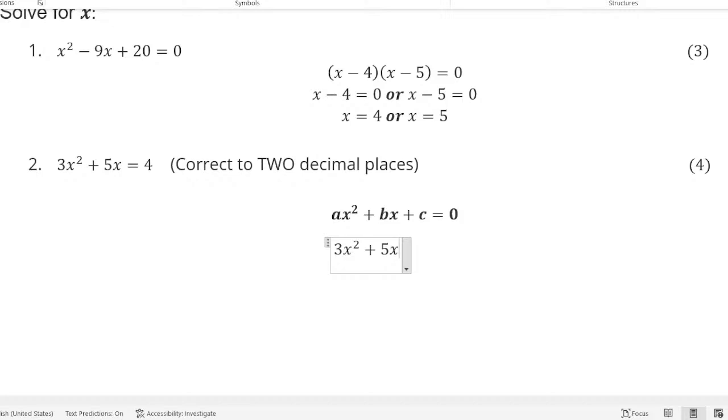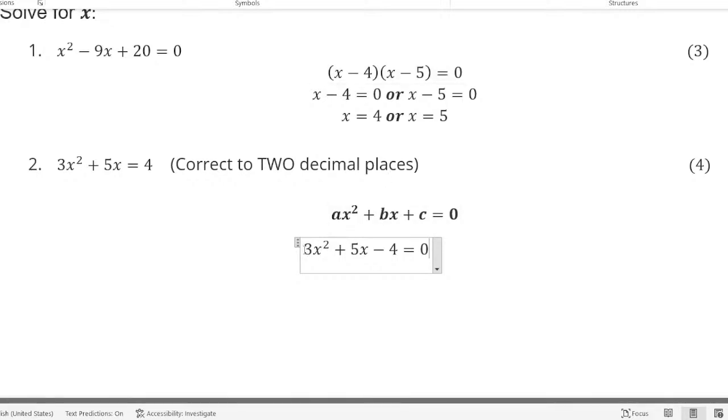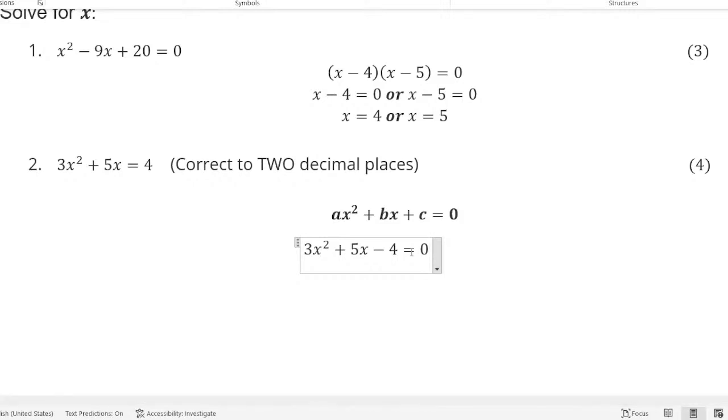The 4 on the right hand side was a positive. Now when you're taking 4 to the left hand side, it will change the sign to become -4, right? And on the right hand side we're left with 0. Now it is in the form of ax squared plus bx plus c, where c is a constant, a number without the x, is equal to 0. So now it is in the correct form. We can start using the quadratic formula.